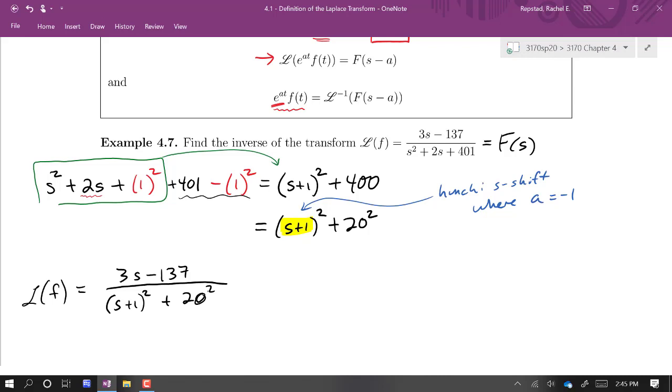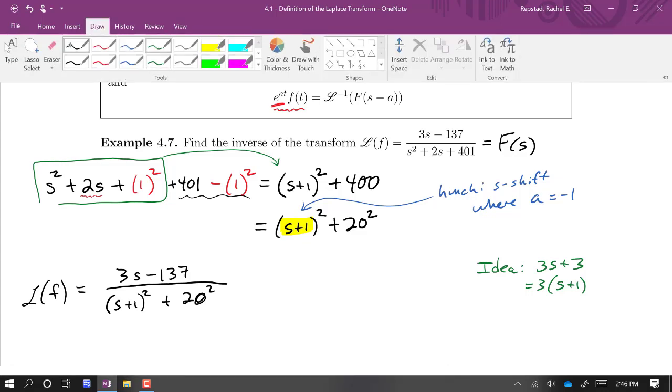But we're going to have to be a little bit clever about how we rewrite this. I've got that 3s. So, just thinking of ideas here, if I had 3s plus 3, then I could take out a 3, and I'd see that s plus 1 in there, and I could factor the 3 out in front. We're going to make that happen.